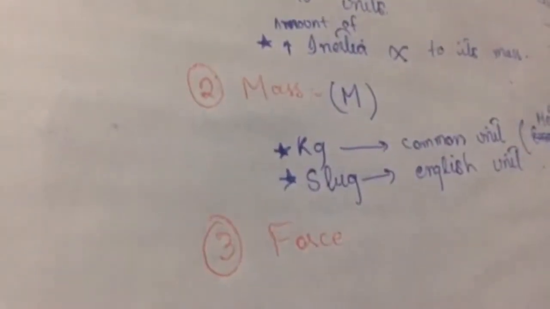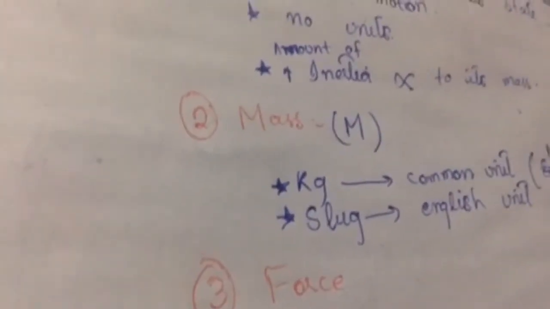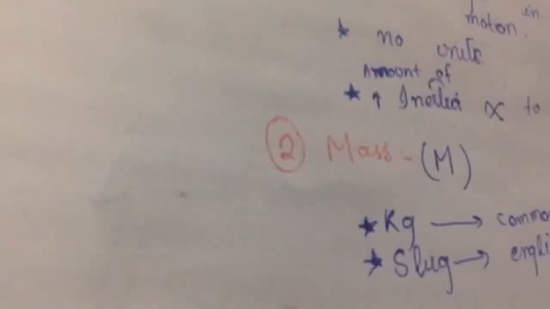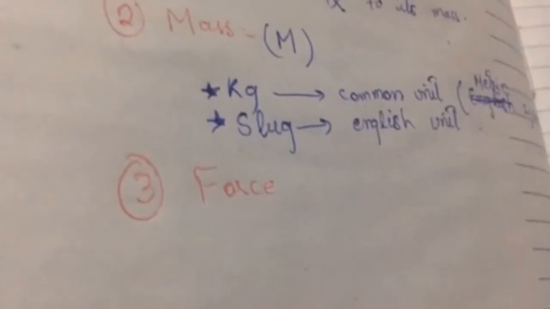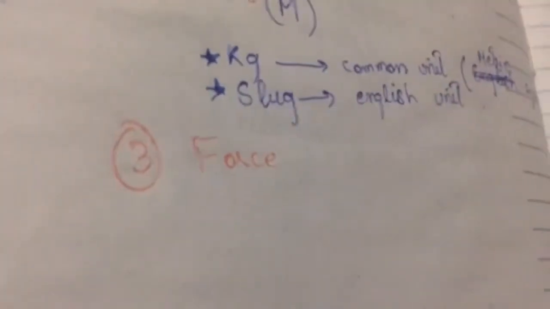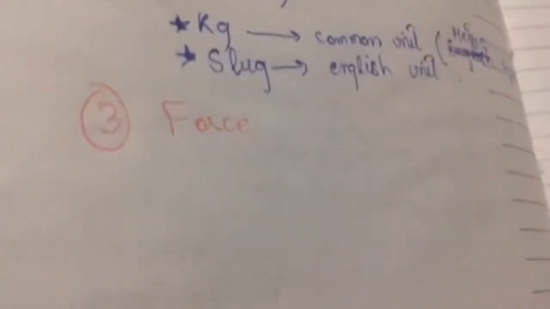Next we are going to discuss the force. Force can be thought of as a pull or push acting on a body. If any pull or push is acting on a body, that is called force. And each force is characterized by its magnitude, its direction, and its point of application.